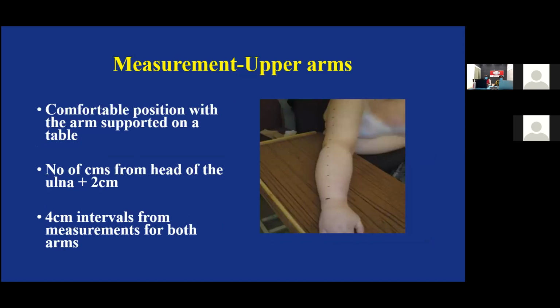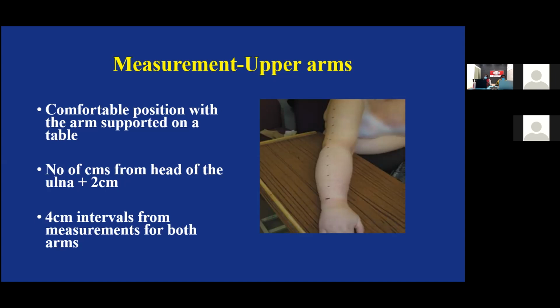Before moving to the skin care part, I'll just tell you how to take a measurement. We know one limb will be affected with lymphedema and the other limb is normal. So whenever you take the lymphedema measurement, you have to take both limb measurements. Only then can you find out how much the edema has increased in the edematous area. When you take the measurement, you have to give a comfortable position to the patient.